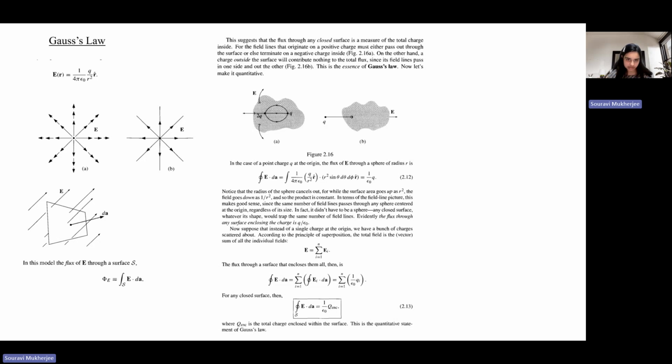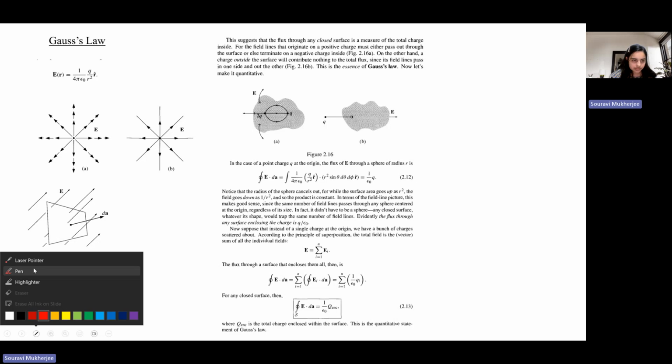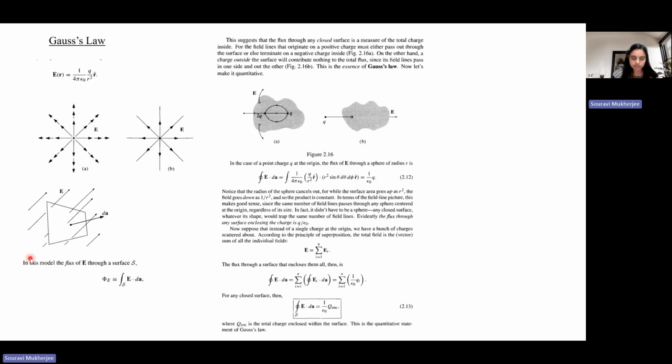So the field flux in this region is not affected by the charge outside. This is something we discussed in quite some detail very early in the course: if you have charges outside, all the flux lines pass through the surface, so the net flux will be zero. But if you have something inside, then there will be a net flux associated with the surface enclosing this region.